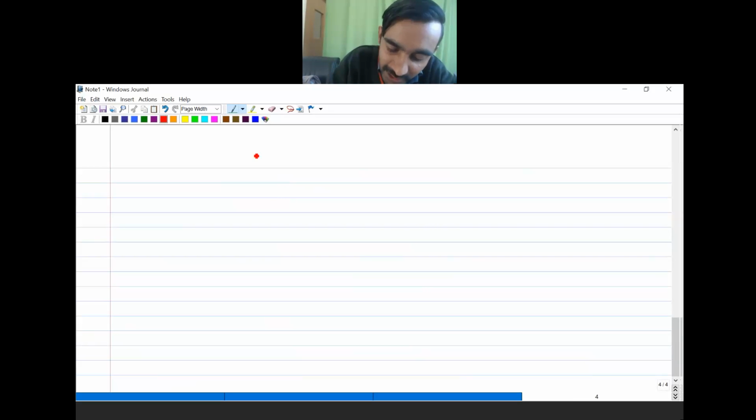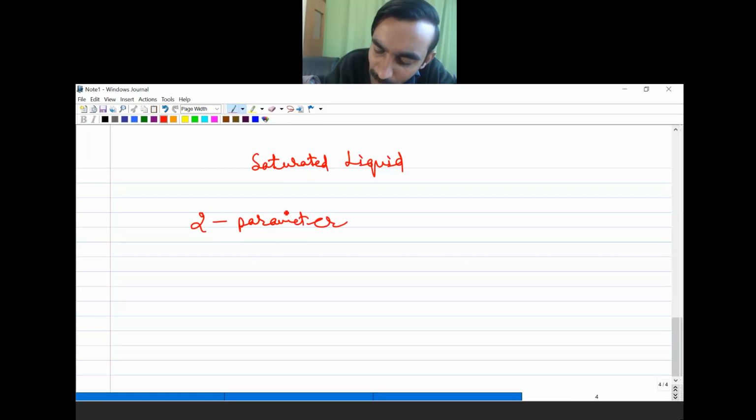What we are basically doing when we specify, say, the state as saturated liquid is this: we have earlier known from our state postulate that two parameters are required. So one of the parameters is already the physical state of the system.